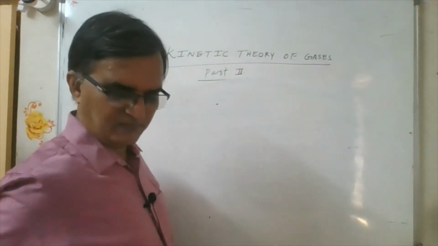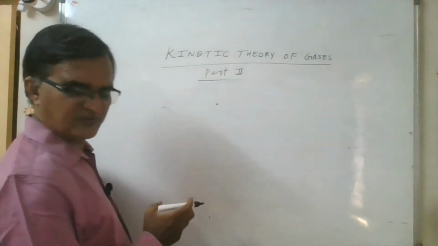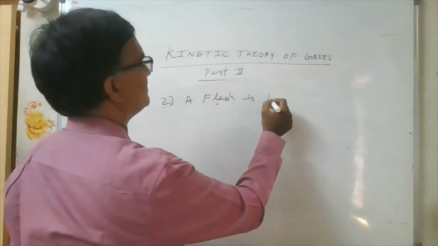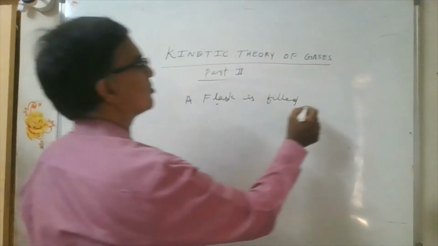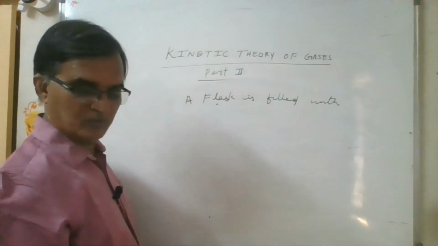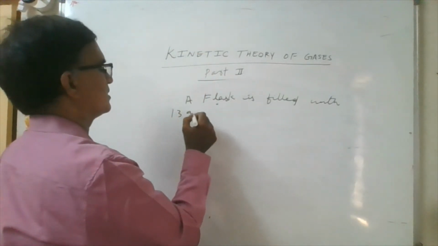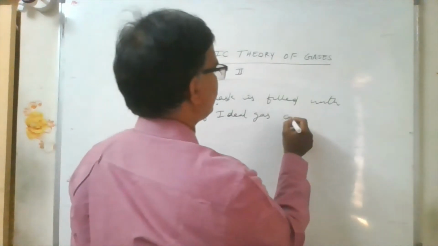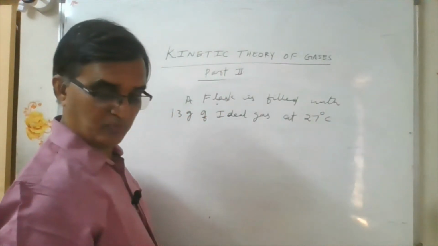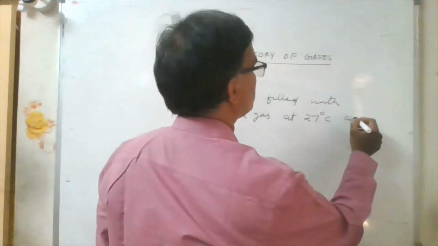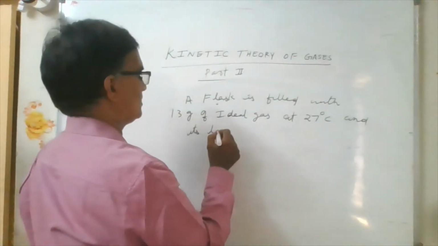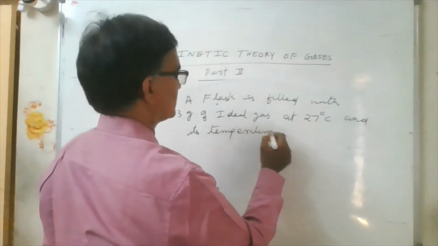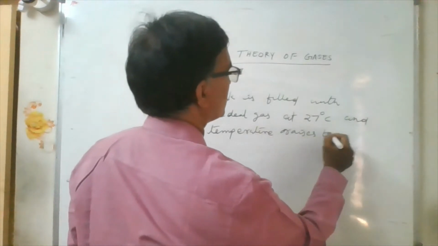And next we have a flask filled with 13 grams of ideal gas at 27 degrees centigrade, and its temperature rises to 52 degrees centigrade.